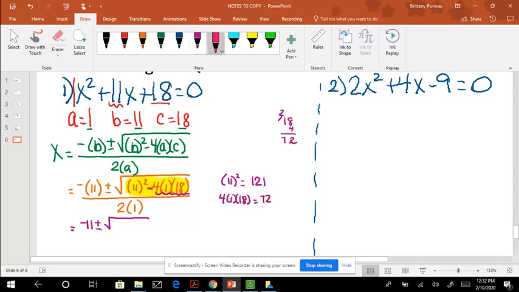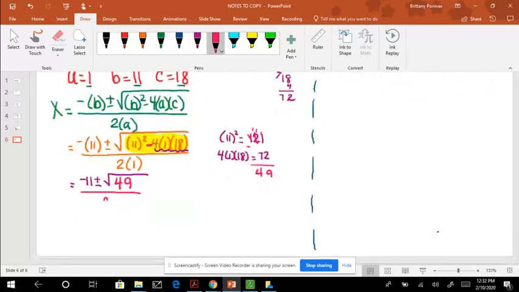Fraction going between them. So 121 minus 72 is 49. So this number, the radical, becomes 49 over 2 times 1, which is 2.